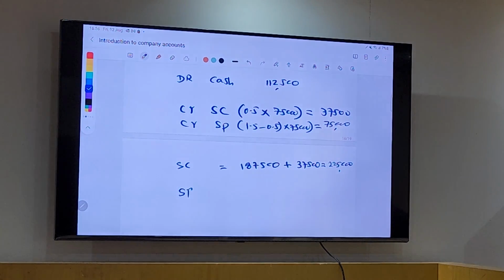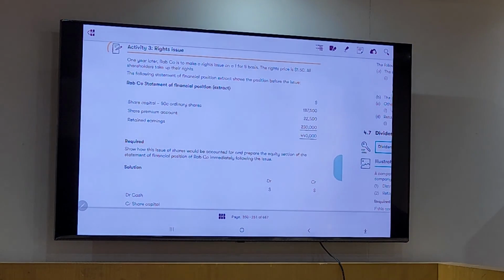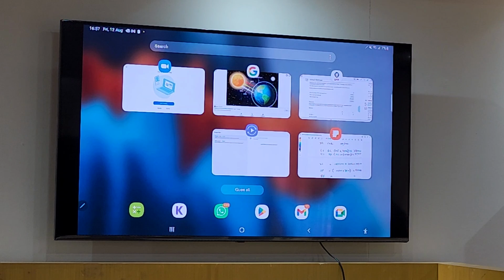Share premium: already my share premium is 22,500. Now add 75,000. So how much is that? 97,500. And retained earnings, no change. 230 now, they give 230, they have changed it because after 1 year there is business, profit, and all that. So 230.